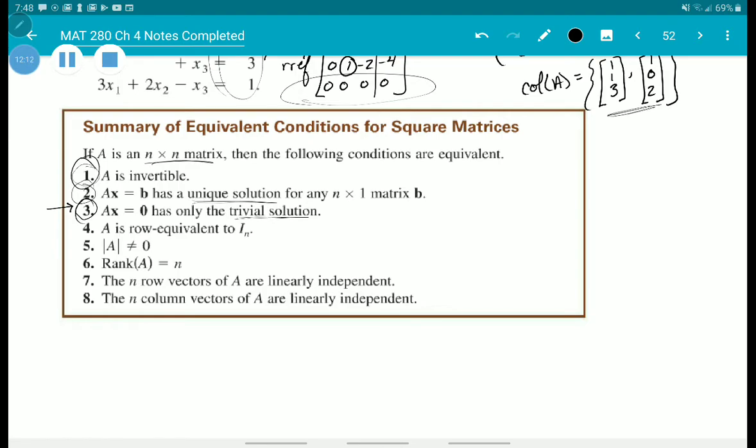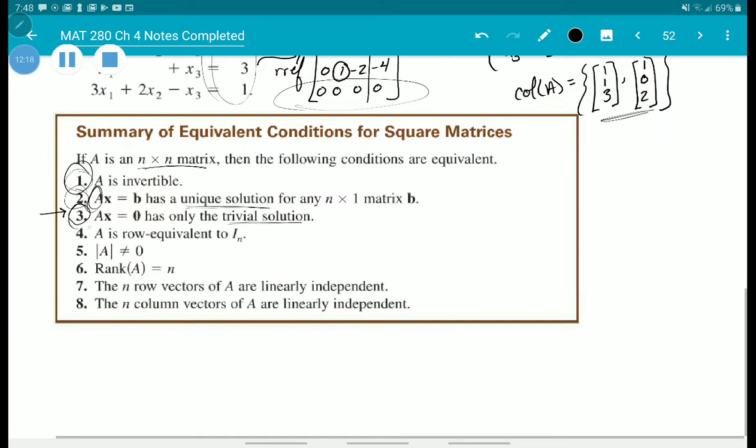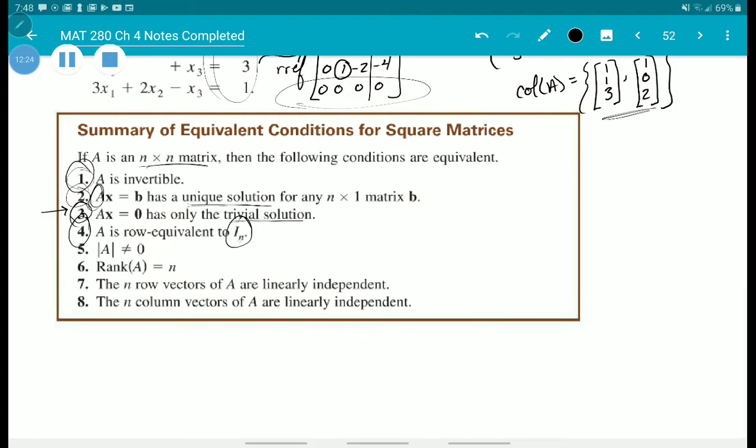Now, that also means if we were to do row operations on that coefficient matrix, we're going to get something that's row equivalent to the identity matrix. That also means that if we're equivalent to the identity matrix, A is invertible, and all this other stuff holds true, then the determinant of that matrix, that coefficient matrix, cannot be 0.